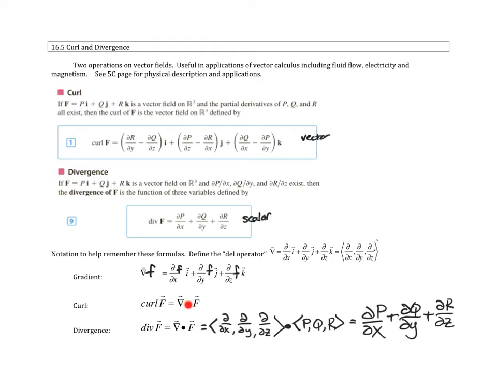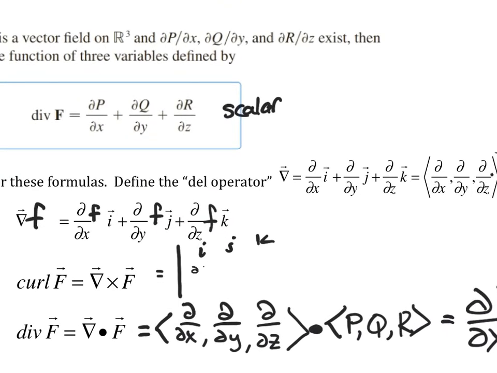The outcome of a cross product is a vector. All right, so watch how this would work. I, J, K, the del operator would be partial with respect to x, partial with respect to y, partial with respect to z, and then F is P, Q, R.